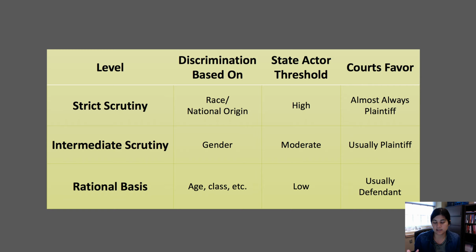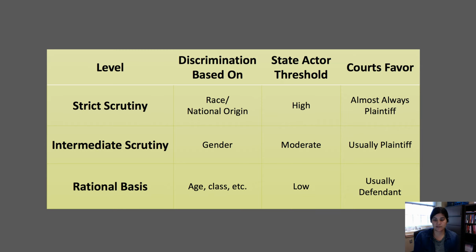We're going to talk in detail over the next few slides about each of these levels. But you can see here, based on our chart, we have strict scrutiny in cases where the plaintiff almost always wins, so the court favors the plaintiff. We have intermediate scrutiny, where the courts typically favor the plaintiff, but that's not always the case. And then we have rational basis, which is our lowest level of scrutiny. In those cases, the courts generally favor the defendant.